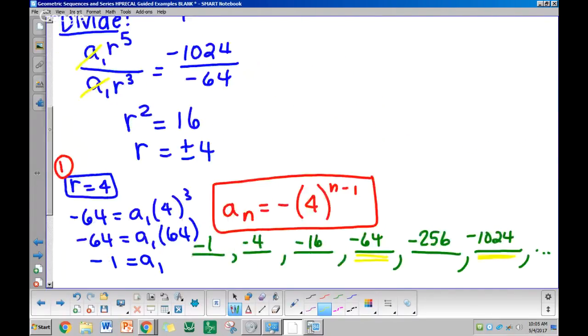If you divide them and you get an even exponent, you will have two possible sequences. Like if you had r to the fourth or r to the sixth, depending upon what the two equations are. And you would just use your r as the positive and r as the negative, and it would give you two different sequences.